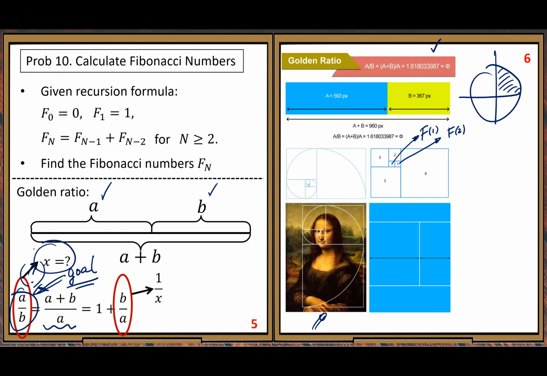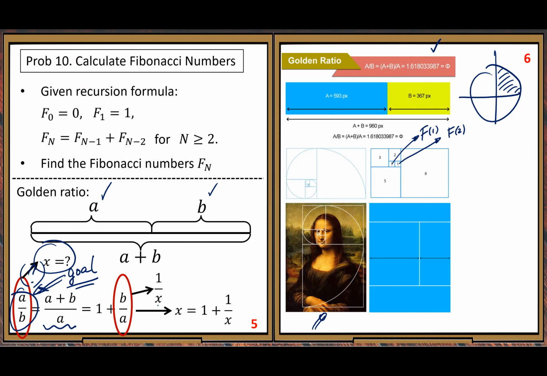Because here we observe B over A equals 1 over X, the reciprocal of X. So we can get an equation X equals 1 plus 1 over X. This equation only has one variable, and we feel we can solve it easily.